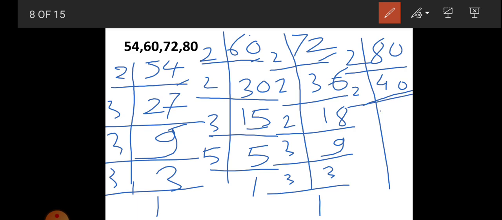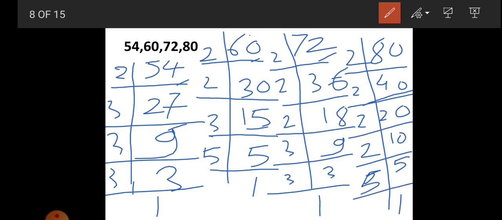Again 2: 2 twos are 4. Again 2: 2 ones are 2. Again 2: 2 fives are 10. Now here 5, 5 is a prime number. 5 ones are 5. Now we take out the common factor.